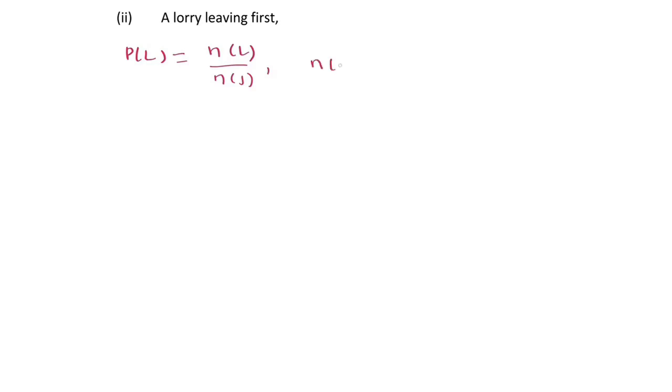Given the values from our question, the number of lorries is going to be 500 minus 130 minus 160, of which after solving the values we have 210 lorries. Now its probability is going to be 210 over 500, of which after solving the values we have 21 over 50, and this is the probability required.